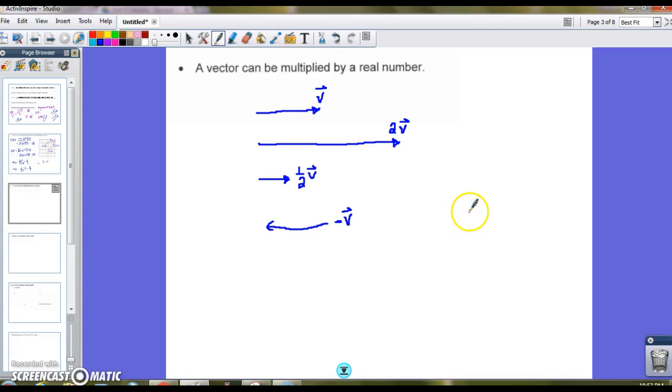When we talk about multiplying by a real number, that's called a scalar multiple. We note that with the letter k. So kV is called a scalar multiple of our vector V.